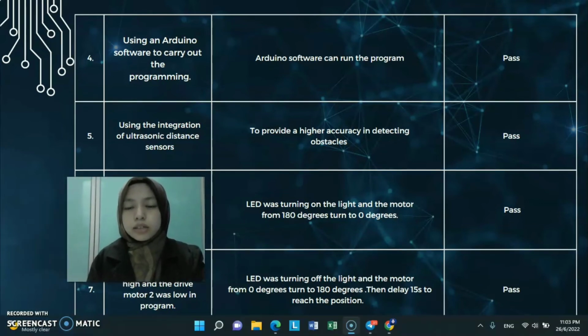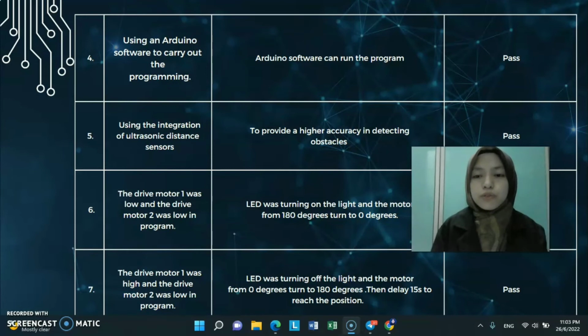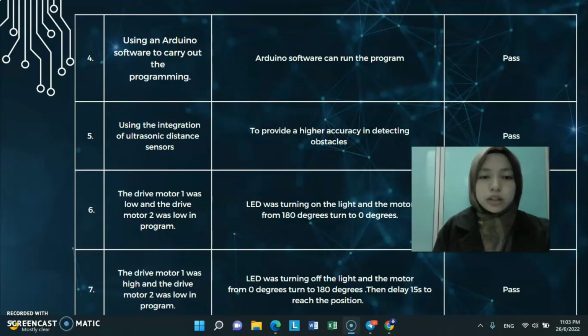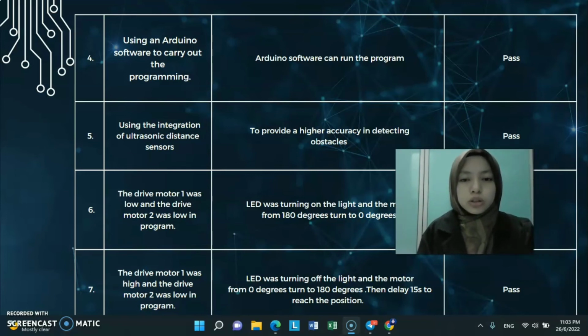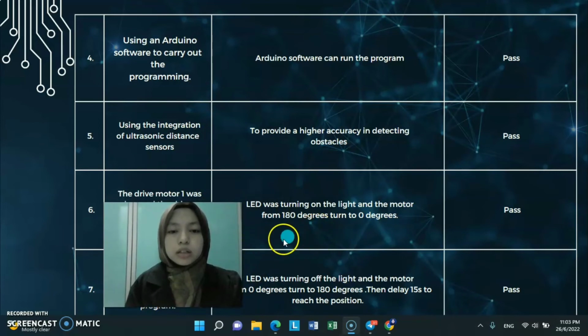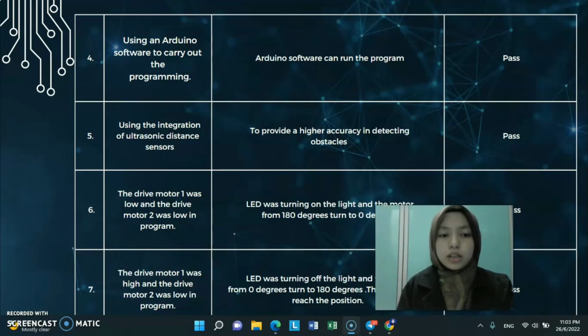And the sixth test data: the first drive motor was low and the second drive motor was low in the program, so the LED was turning on the light, and the motor turned from 180 degrees to 0 degrees, and we passed this test data.